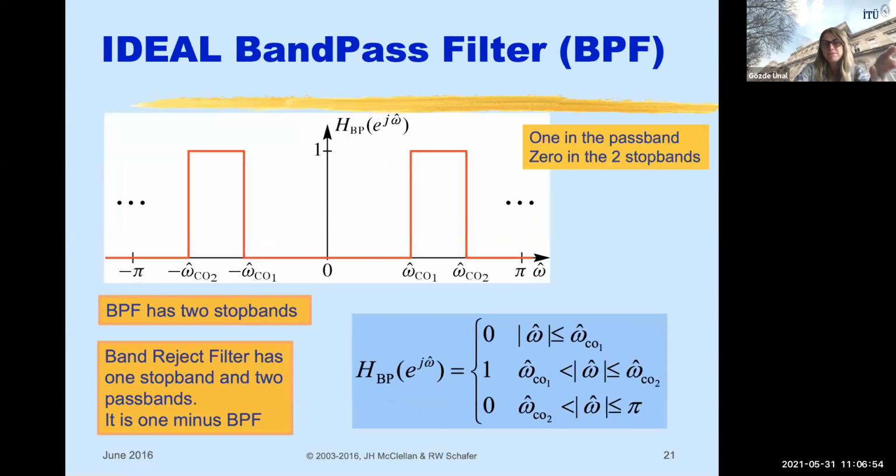We can also have band pass filters, right? So again, 1 in the pass bands, 0 in the 2 stop bands. This filter just passes certain frequency bands between 2 cutoff frequencies, cutoff 1 and cutoff 2. And band reject filter would be 1 minus this guy. So just imagine it, we've studied this before. 1 minus band pass filter. So it's this form.